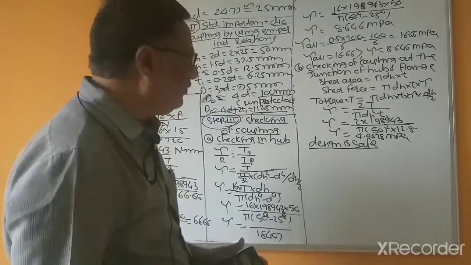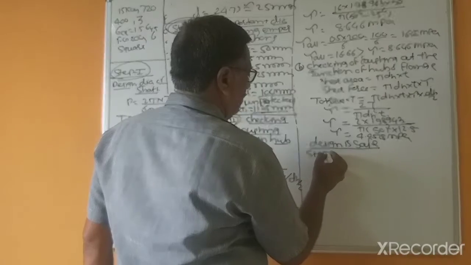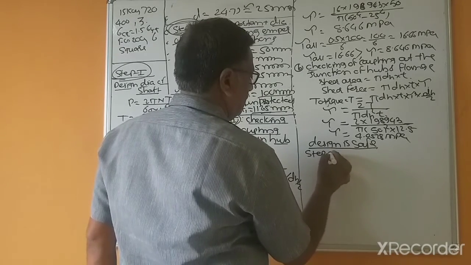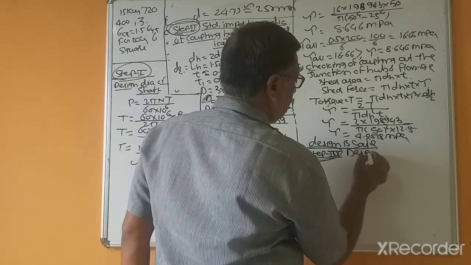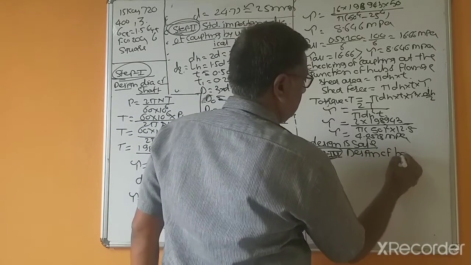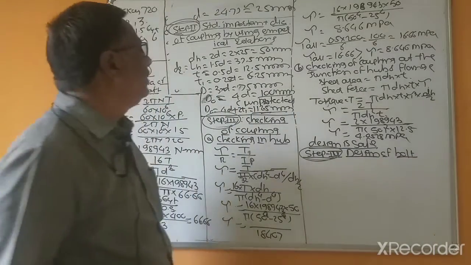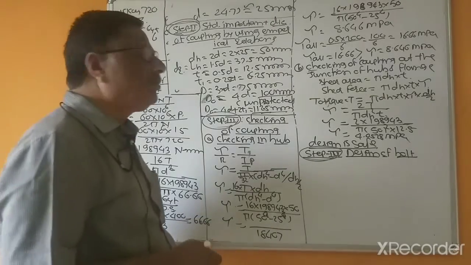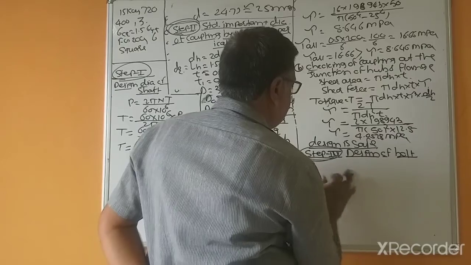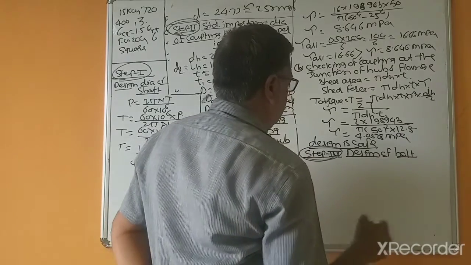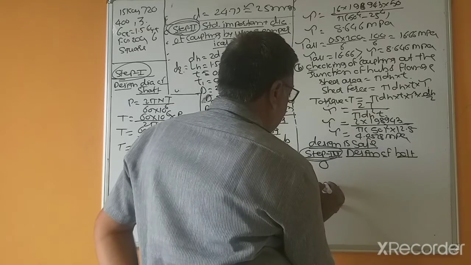Design is safe. So what is next? Step 4, design of bolt. Design of the bolt, right. So for design of the bolt, now what are the relations? Otherwise I will again go by using basic relations.